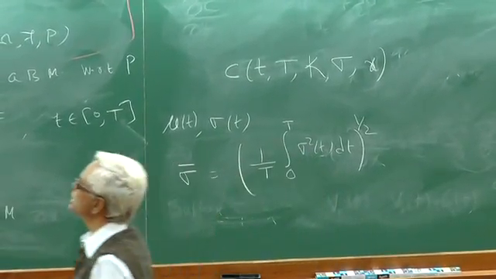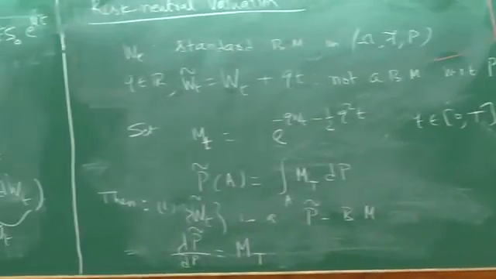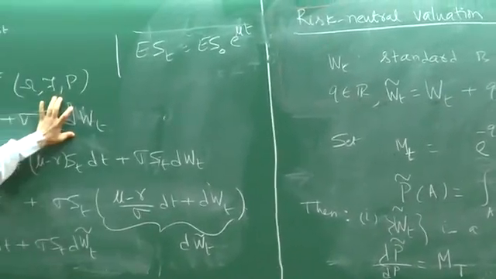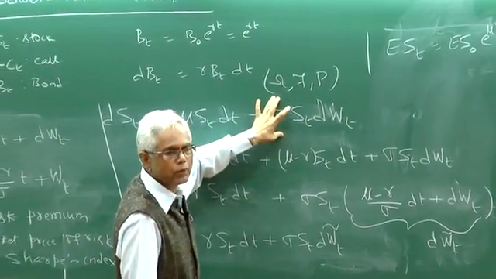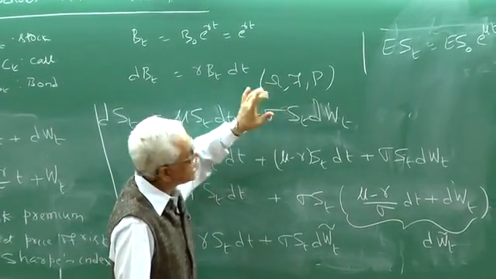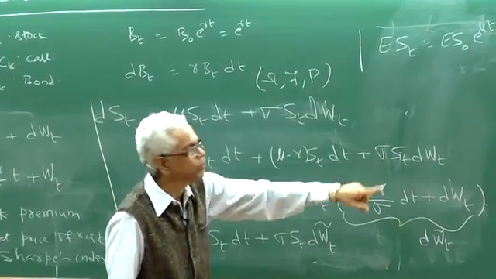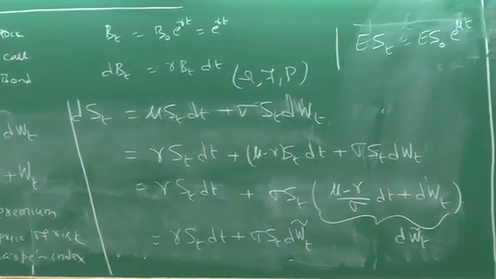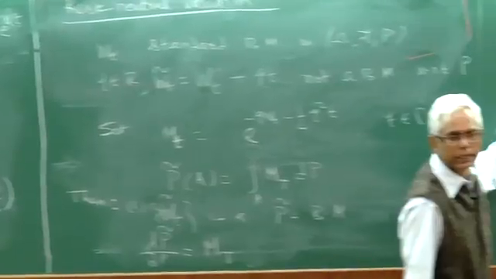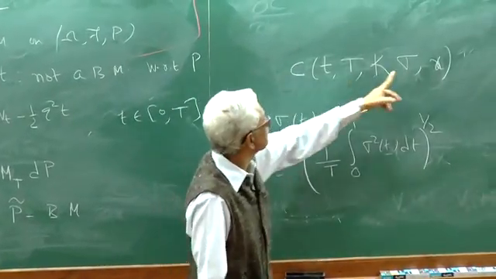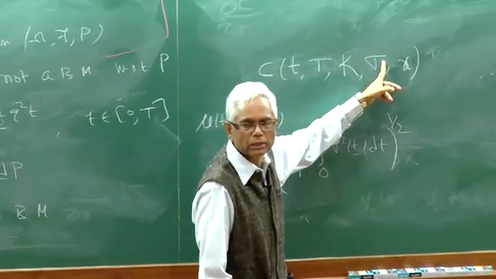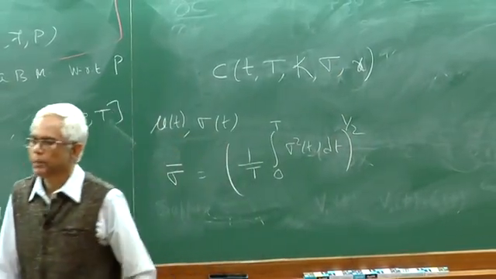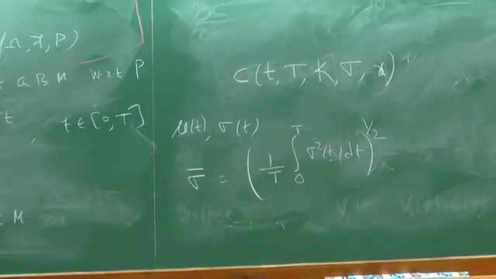If the information space is the same as the stock price, that means if you observe the stock price, you can observe the stochastic volatility also. Then again the same formula will be valid, except that you have to find an expectation here. This will be sigma of omega and there will be an expectation here. Again, in other words, the market is arbitrage free and complete.